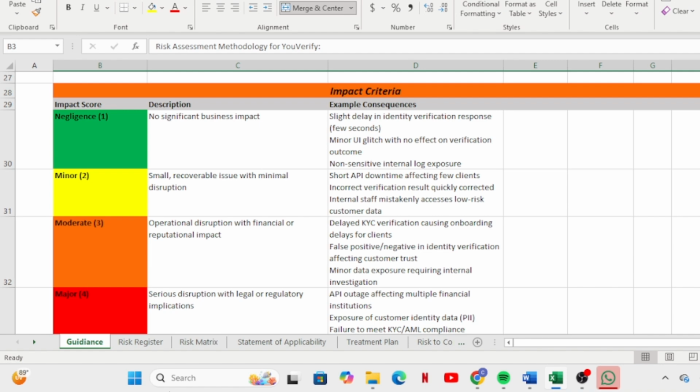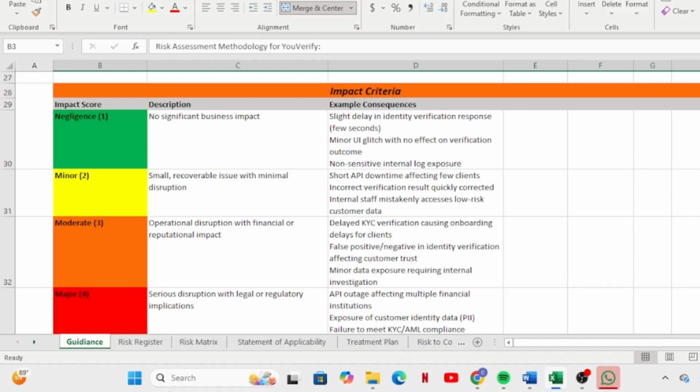In this assessment, I analyzed key risks affecting Youverify's operations, including cybersecurity threats, regulatory compliance risks, third-party vulnerabilities, and operational risks.